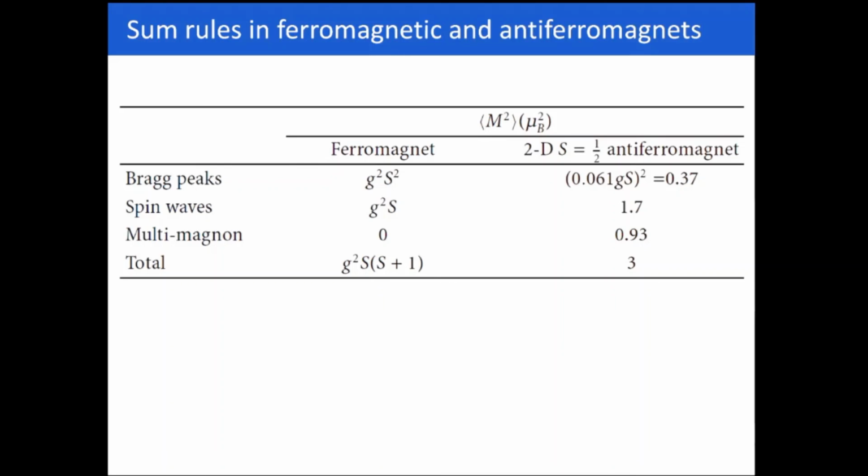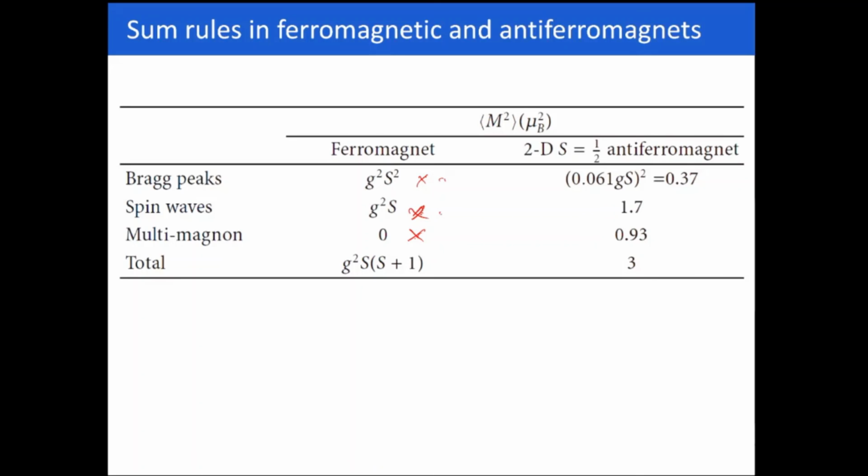And that's summarized here. So this is a sum rule for the magnetism in a ferromagnet. You saw the spin waves are here, and we've got the Bragg peak. In principle, there are other types of magnetic excitation, but in the case of a Heisenberg ferromagnet, the spin waves are a good eigenstate. So both of these are eigenstates of the Hamiltonian.